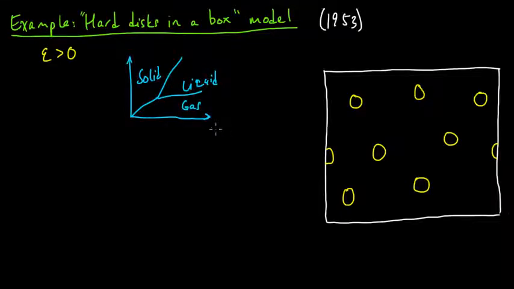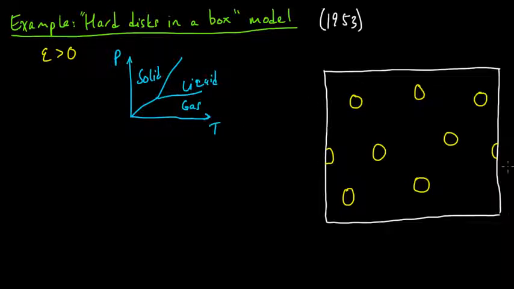On this axis is temperature, on this axis is pressure, and a subject of great interest to physicists is understanding phase transitions. When you go from a liquid to a gas, for example when you boil water, you're turning it from a liquid into a gas, or when it goes from water to ice, it's going from a liquid to a solid.